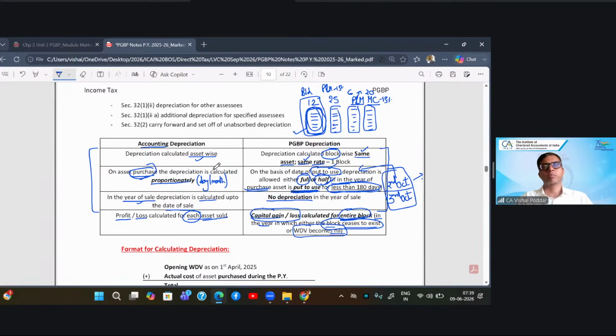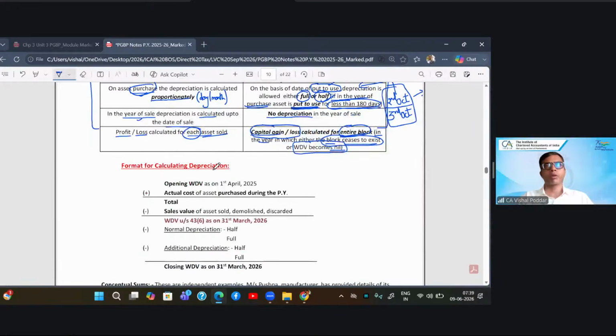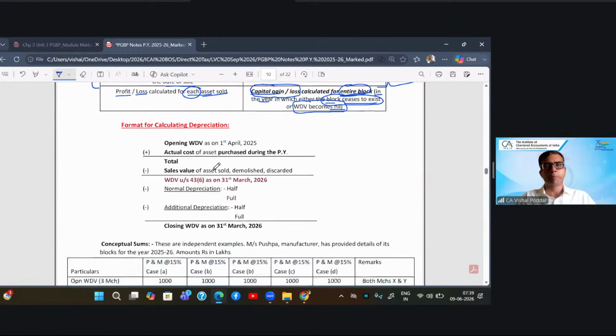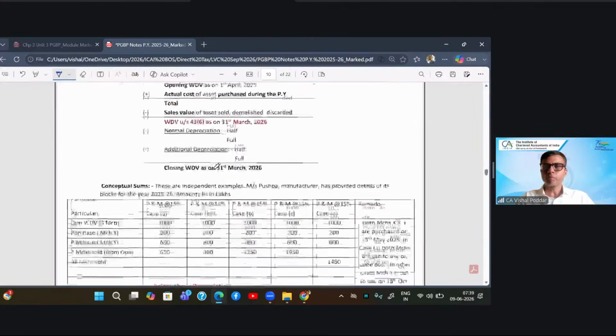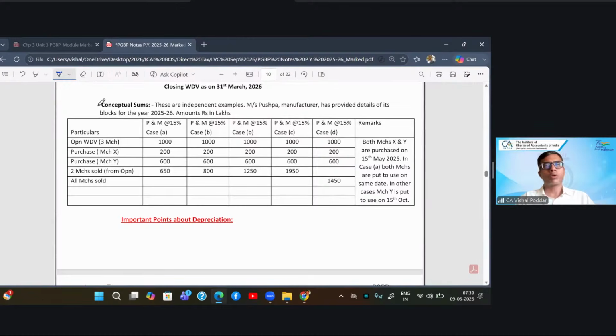Now, whatever I have explained here, we will understand with a practical point. We will go to the format, and I have created a practical question, which I am calling a conceptual question. In this, I have taken different situations.